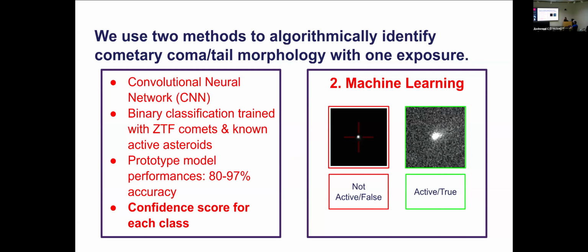So prototype models have performed ranging from 80 to 97%, and that's because I'm changing the architecture of the CNN slightly and the input training classes. So the output from this is a confidence score or probability of either class. We append all the true active probabilities. That's a probability that the source is active.